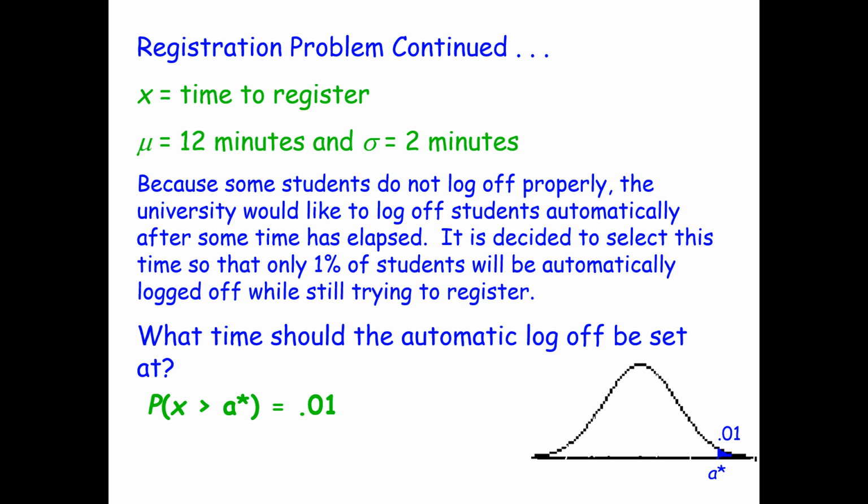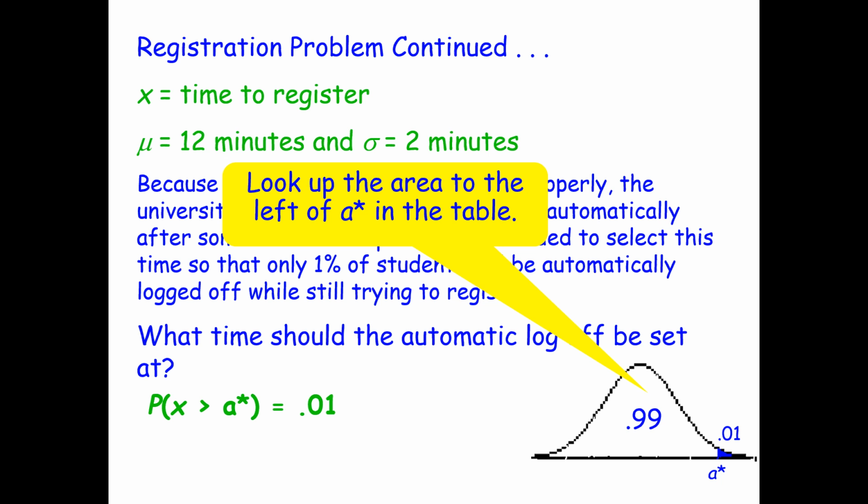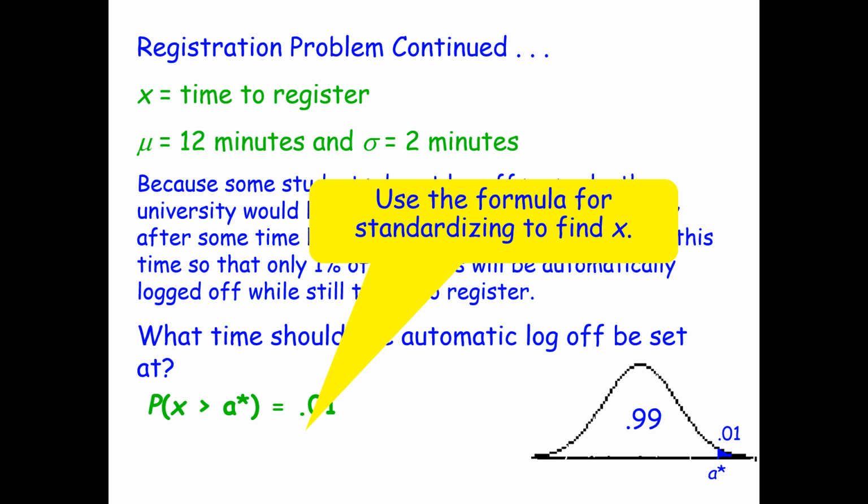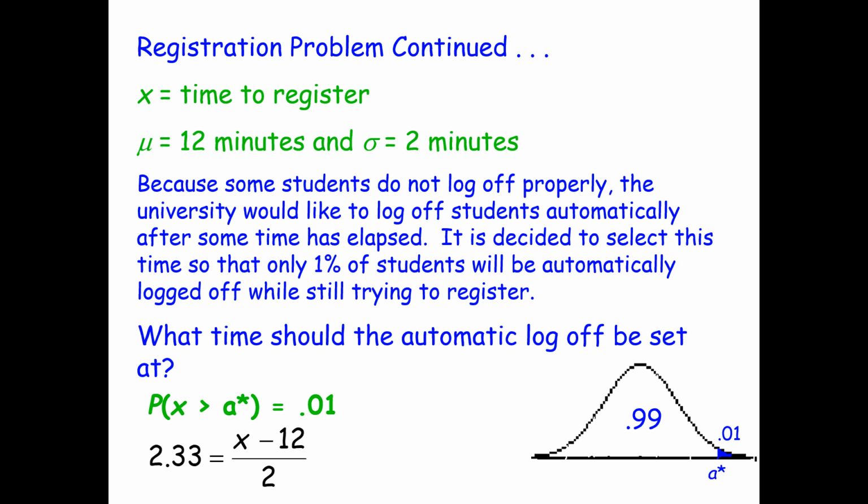So it wants us to find our a star. So we need to look up the area to the left of a star in the table. So remember, we need to take 1 minus our 0.01, which is 0.99. So that's the number we're going to look up in our table. And then we're going to use the formula for standardizing to find our x value.